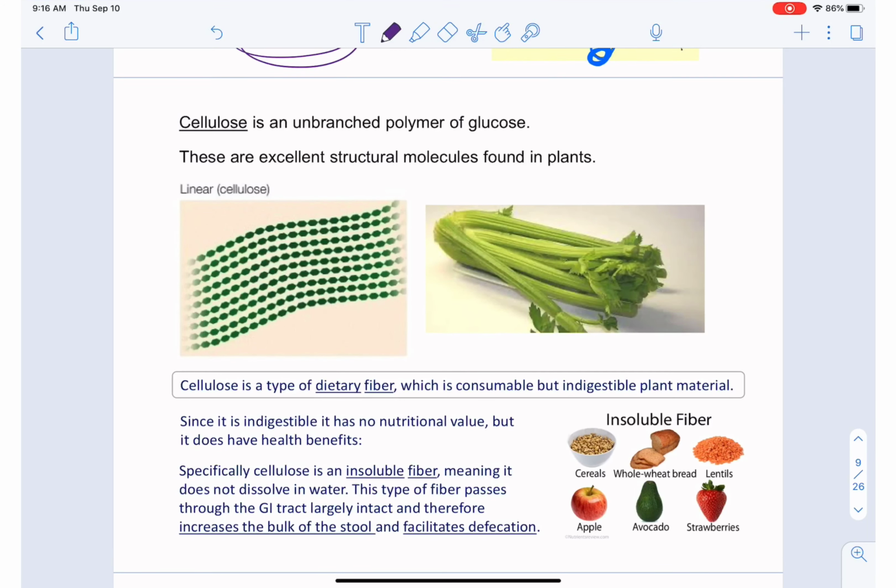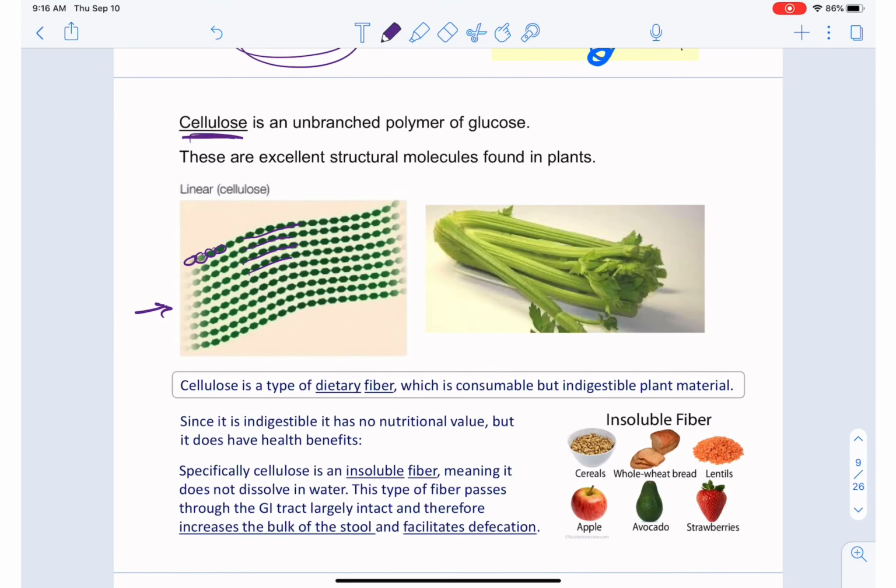And the other polysaccharide consisting entirely of glucose is cellulose. And this is cellulose here. Each of these individual units is a glucose unit, but you can see that there's no branching going on. You have these parallel strands of glucose units, and that represents cellulose.